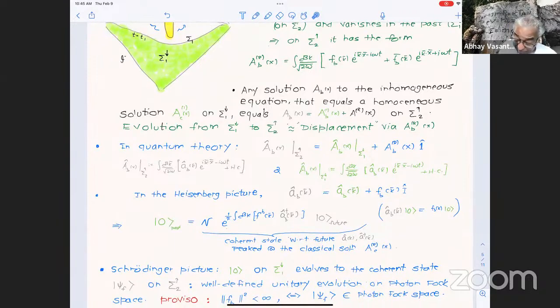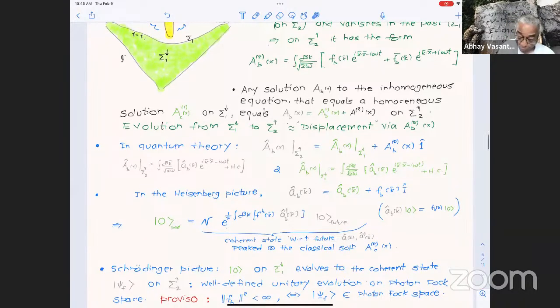And therefore, it follows immediately that if I take the past vacuum, but I operate it by the future annihilation operator, then the past annihilation operator will annihilate it, but I am just left with FB. So the statement is that the past vacuum is an eigenstate of the future annihilation operator with this eigenvalue. And now everybody knows that as soon as I got such an eigenstate, it's a coherent state.